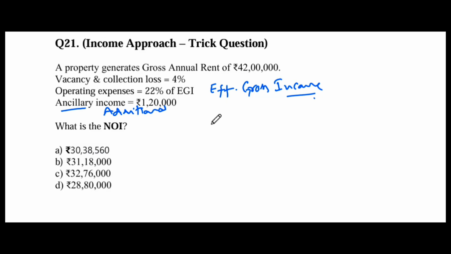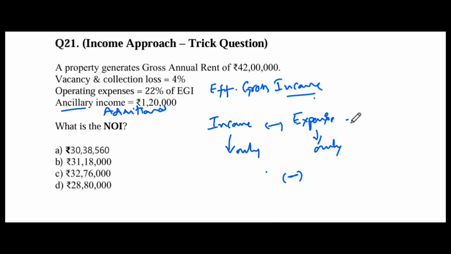See, in the question, if you understand, there are two concepts. One is income, another is expense. First calculate income only, and then calculate expense only, and deduct from this. Income minus expense will give NOI.